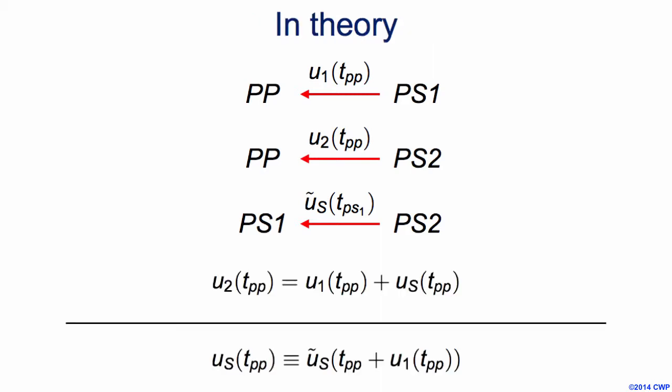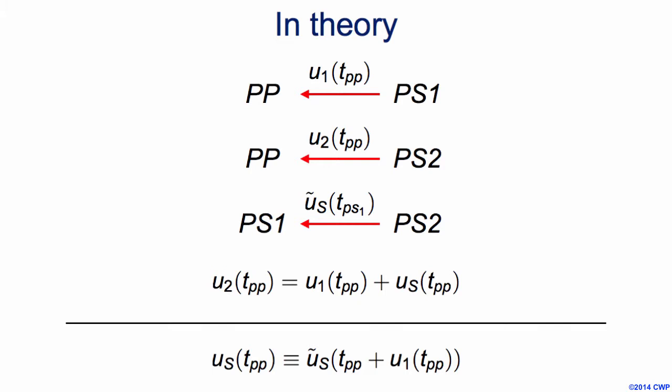In theory, you actually expect that U2 is a function of U1 and US, right? And notice that now I don't have the tilde on US because US in this expression is a function of PP time. And you can get it if you have U tilde, right? So it's not a big deal. You have to interpolate the shifts is what happens there. All right? So this is in theory what should happen.